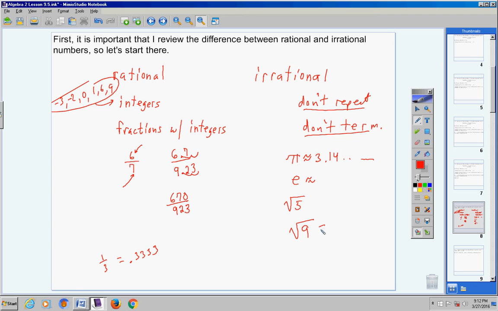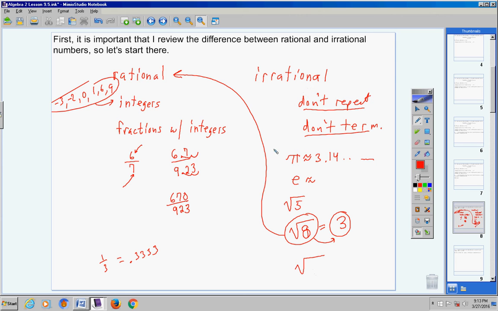Other examples. What does the square root of 9 equal? 3, and 3 is a whole number. So the square root of 9 is rational because the square root of 9 equals 3. However, if I change this to an 8, the square root of 8 is irrational. Do you know why? Type it into your calculator and you'll see why. It doesn't repeat and it doesn't terminate. Any square root of any number that is not a perfect square is an irrational number.